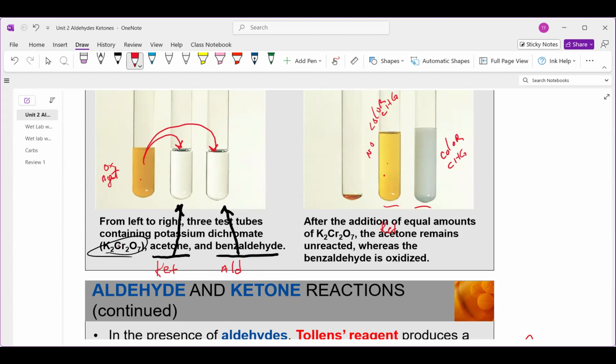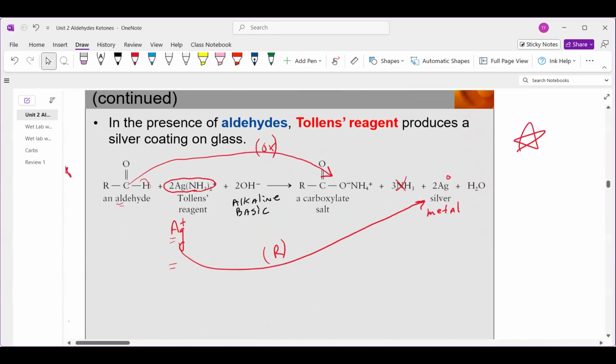When we dump it in the other one, which is an aldehyde, benzaldehyde, its color is changing. That means the oxidizer is reduced and oxidized the benzaldehyde to benzoic acid. So that's a really good test for aldehydes versus ketones. And you get to do it.